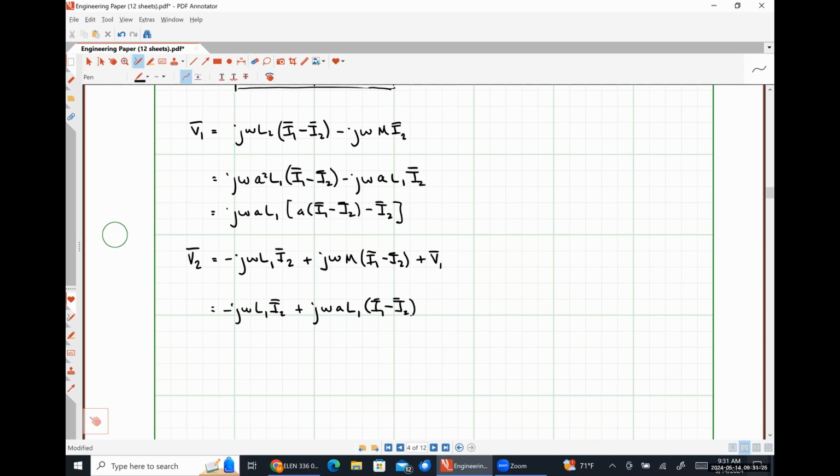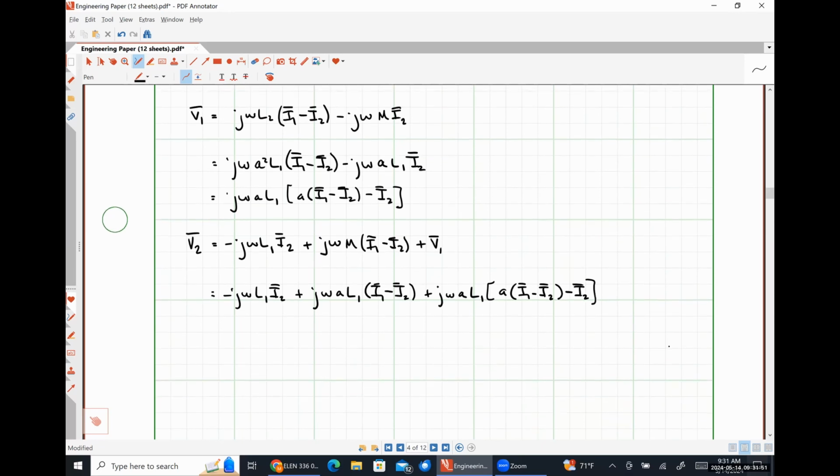Now we're going to add V1. So that's plus J omega AL1 times A times I1 minus I2 minus I2. And now we can start lumping things together.